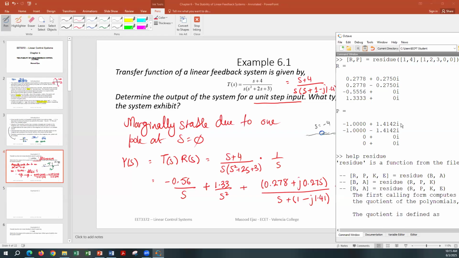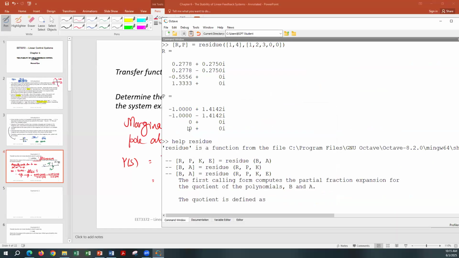As I said, anytime it's going to give you the values in P, the first value is going to have the smallest power of s. Then the second value is going to increase. So the first value is -0.556, corresponding to the third, and 1.33 corresponding to the fourth. So this fourth one is s square, and the numerator for that is this fourth one, because you have to match the numerator and denominator.